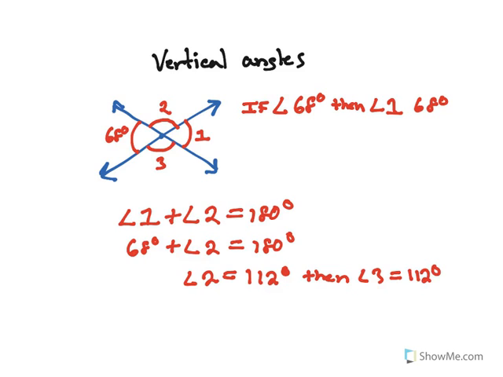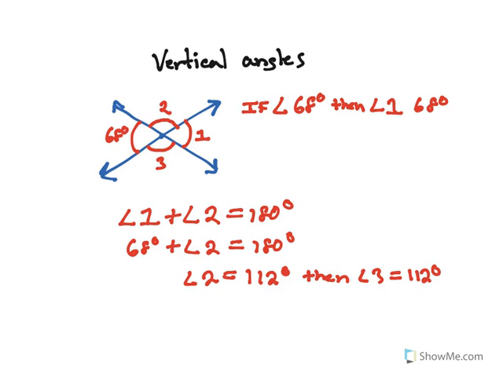So if you add angle 3, which is 112, angle 2, which is 112, angle 1, which is 68 degrees, and the other 68 degrees, which is the opposite angle of angle 1, they sum up to 360 degrees. They make a complete revolution, one circle. So that's how you do that problem.